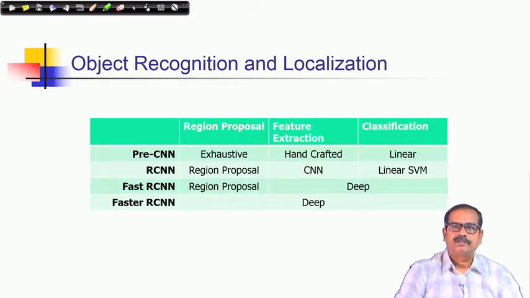As per your problem, features could be learned and extracted, and then you use a classifier to find the object, for example a linear SVM, which is a classical classifier. Another improvement over RCNN is where both feature extraction and classification are done by a deep neural network, whereas the region proposal is still carried out using conventional methods. And in the third variation, the whole thing can be done using a deep neural architecture.